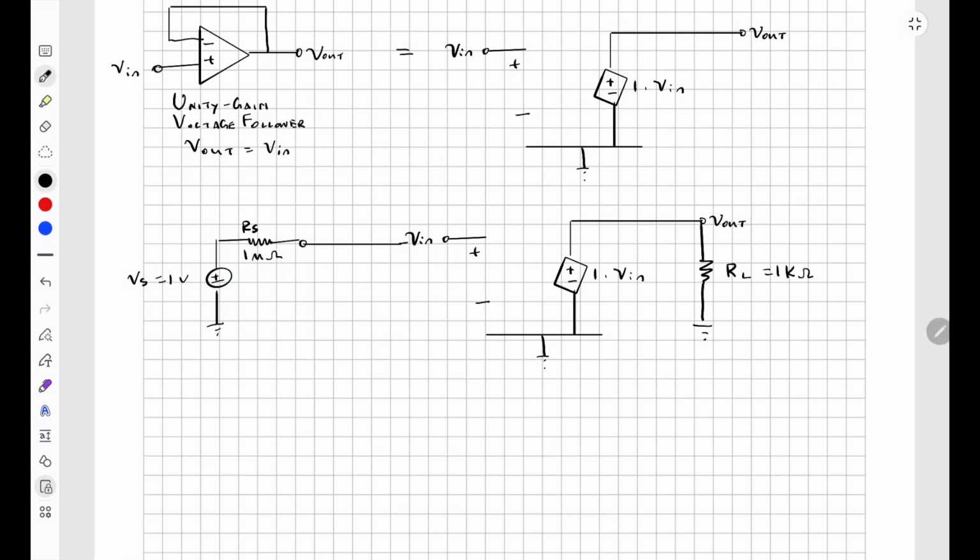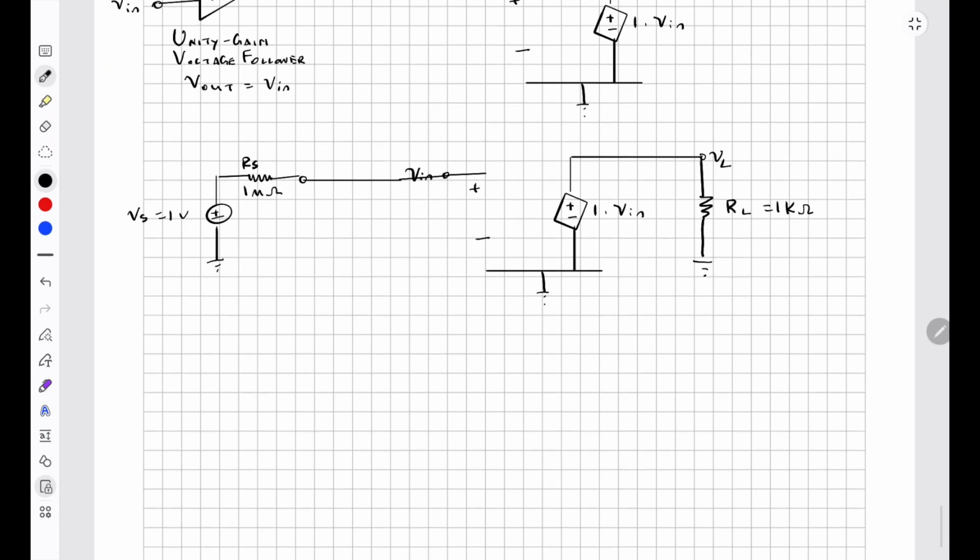So this is our new circuit, this is called VL now, and let's solve for VL.